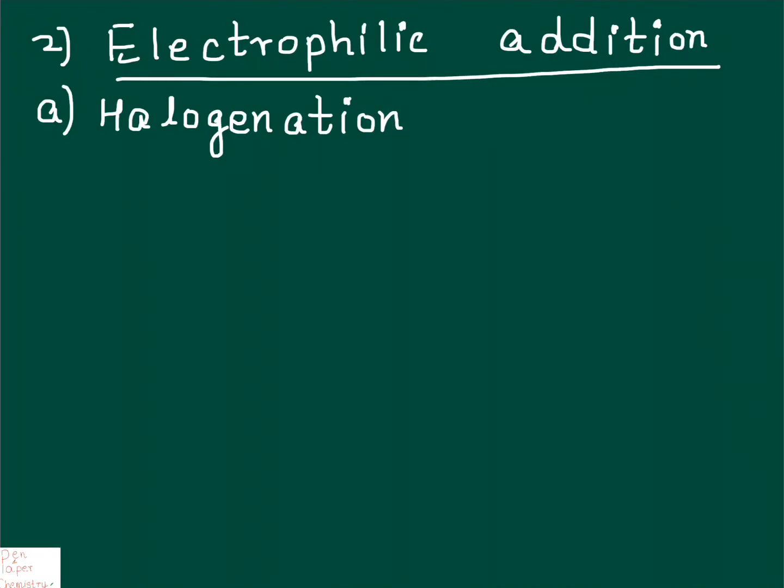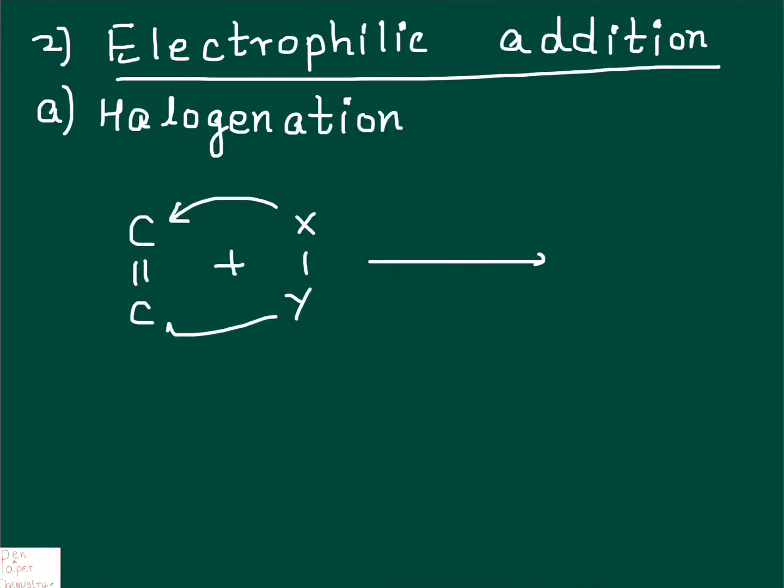Electrophilic addition. As I said, electrophile addition takes place in the first step, that is why electrophilic addition. But of course, we need to add across the double bond. So if something gets added across the double bond, it means addition of an atom or group takes place on both the carbon atoms which are participating in double bond formation.